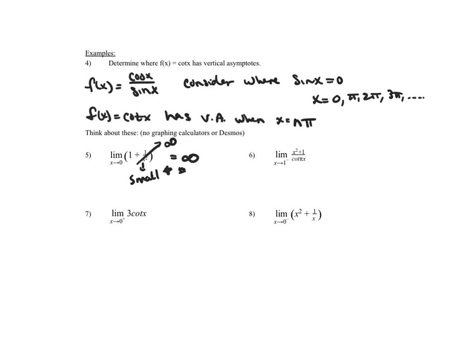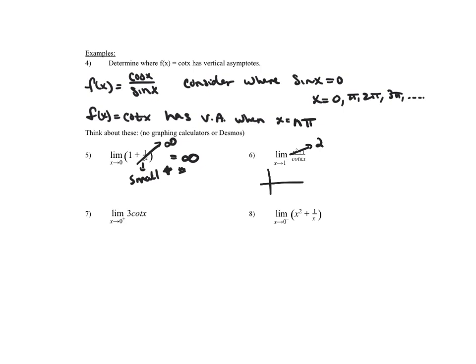Okay, for part B, we want the limit as x approaches 1 from the left of x squared plus 1 over the cotangent of pi x. So the numerator will be approaching 2. The denominator, we're looking at the cotangent of pi x, well really the cotangent of pi.